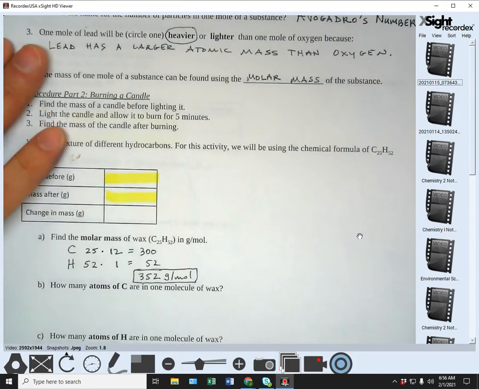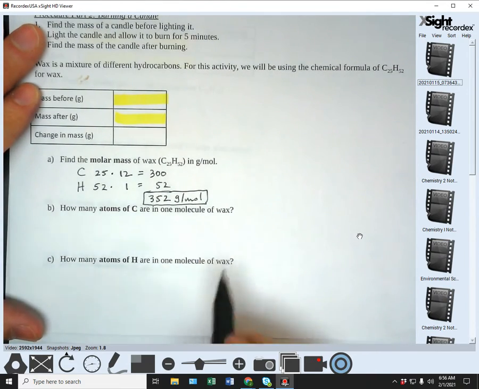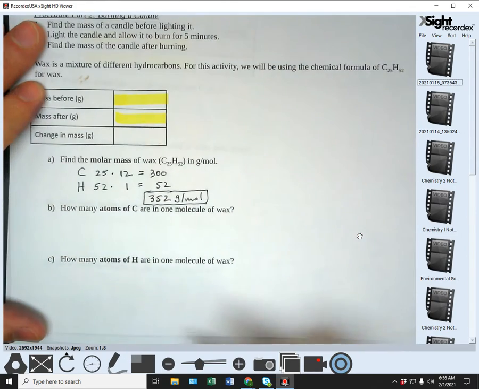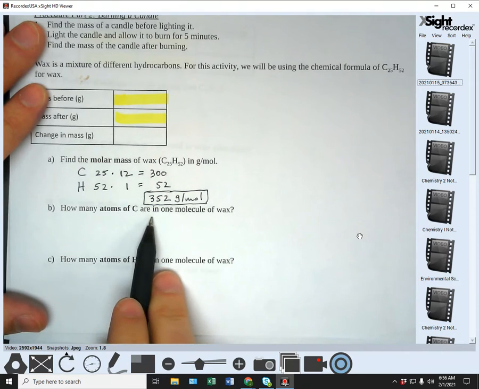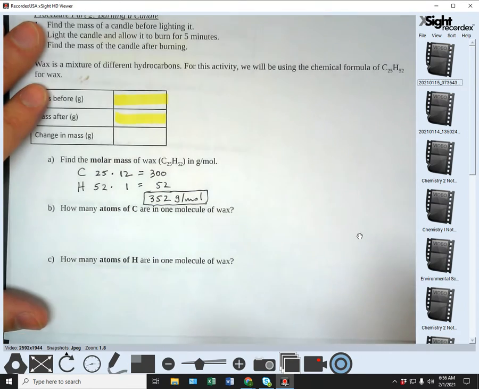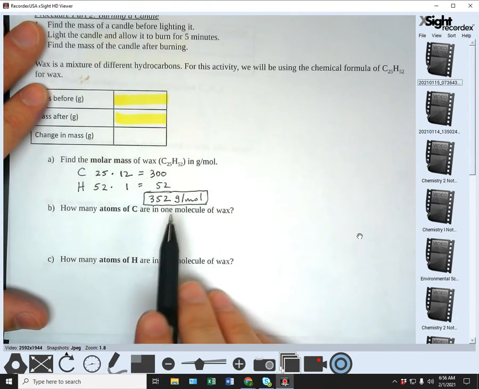Okay. Now, the next two are a little trickier. Not because they're hard, just because you have to really read it, and it's doing something different than we've done for most of the other stuff. How many atoms of carbon are in 1 molecule of wax? Okay, this is not a grams to molecules or grams to atoms or moles to atoms thing. This is 1 molecule.